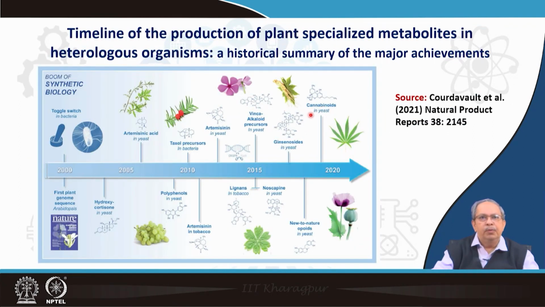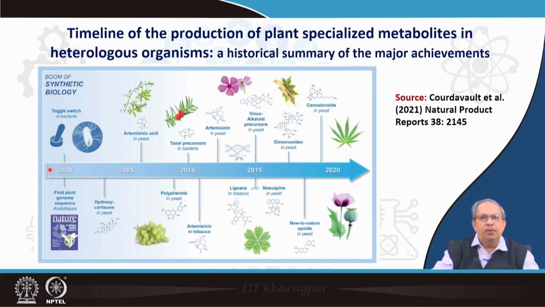So, now before ending, I will tell you the timeline of the production of specialized metabolites in heterologous organisms. That means, once the gene was isolated and expressed, the heterologous organisms, it could be different plants, it could be microorganisms, are capable of producing these new products which are not meant to be produced in that particular targeted organism.